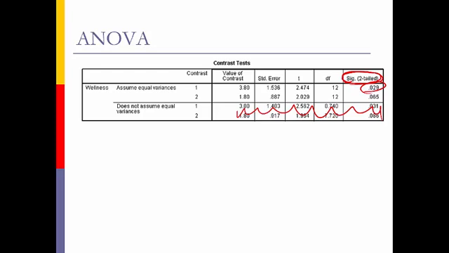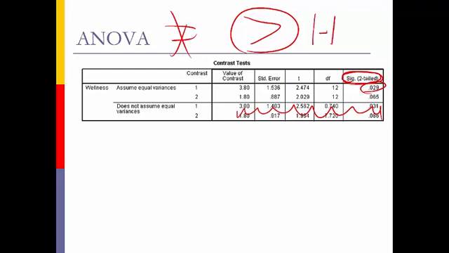We have a significant two-tailed test. Our hypothesis was directional, right? Our hypothesis was not an equal. Our hypothesis was directional. A directional hypothesis means it is a one-tailed test.